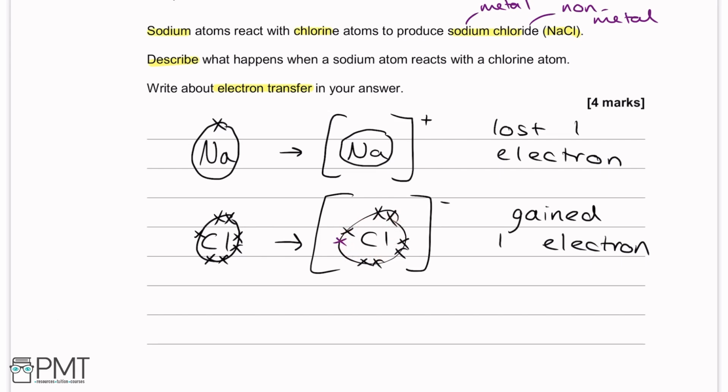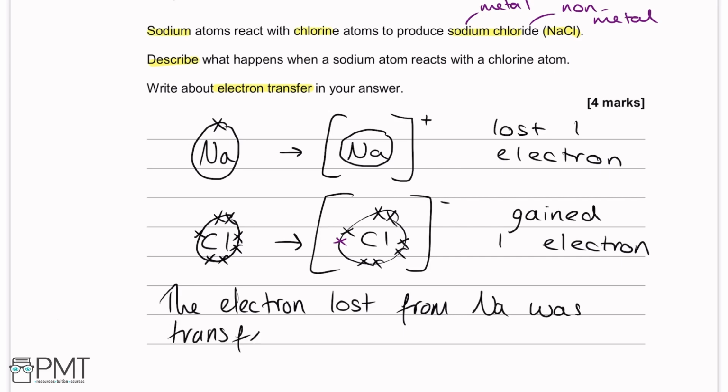So as a final statement, I might say the electron lost from sodium was transferred, because we need to talk about electron transfer, to chlorine.